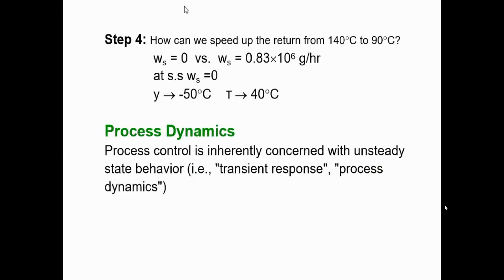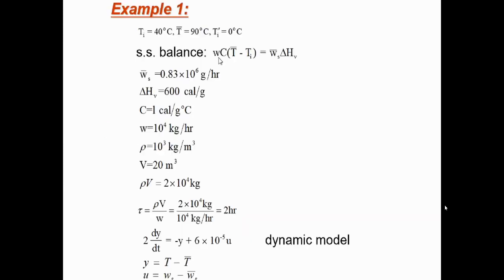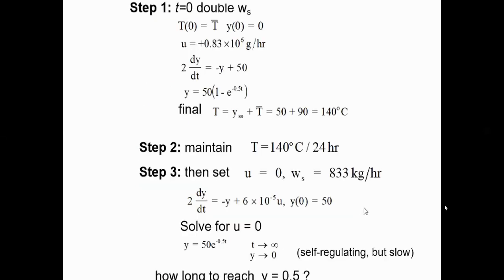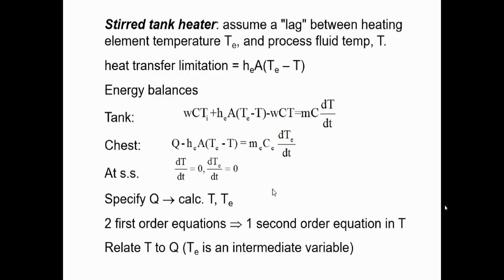So in this case, when we have this kind of equations, then now we can have what's called process dynamics, which is inherently concerned with unsteady state behavior or the transient response. So we're looking now into what's called the process dynamics, and this one here is the dynamic model. So remember we briefly discussed lag the other day.